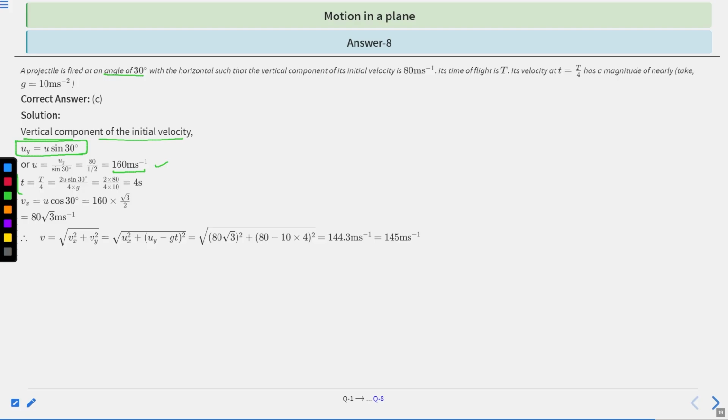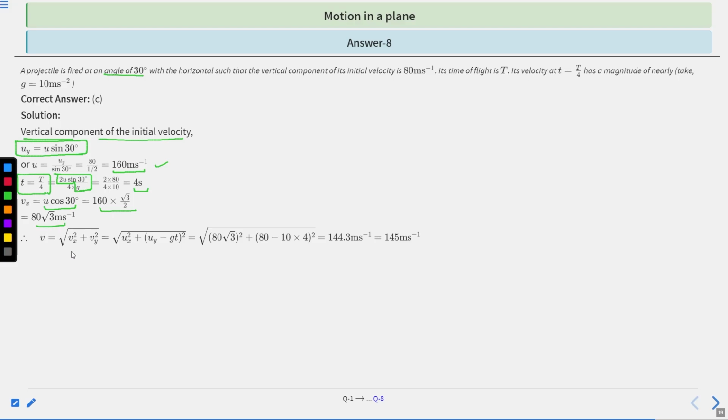And t equals T by 4, where the time period formula is 2u sine theta upon g, with sine 30 degree, upon 4 into g. Clear? This is the time period formula and angle 30 degree. Solving this term, this is 4 second. Velocity in x-axis is u cos 30 degree, and solving this term, the answer is 80 root 3 meter per second.